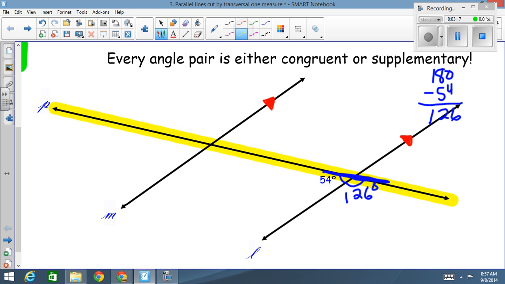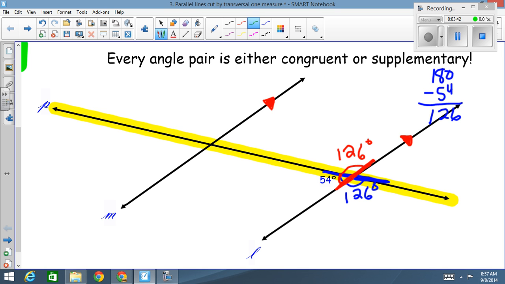The thing about this is that this line also, when you look at the 54 degree angle, these two angles together also make up a straight line. So I know this over here to also be 126 degrees, because adding 126 plus 54 gives me 180.